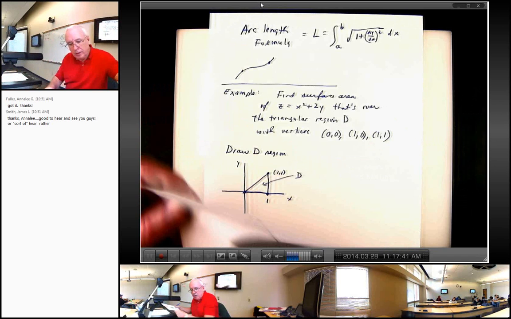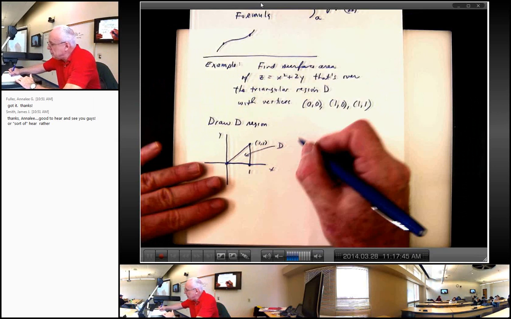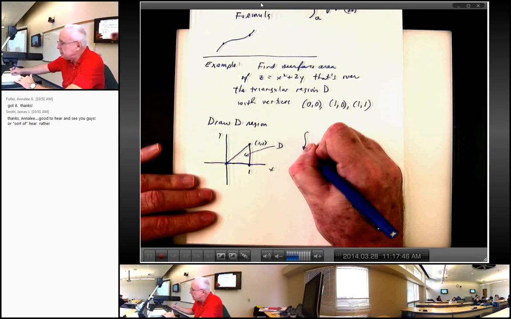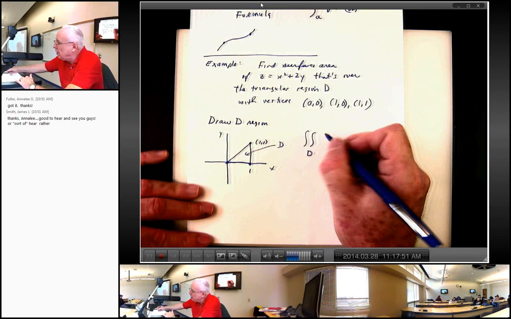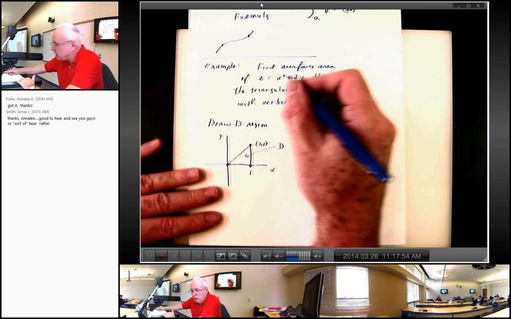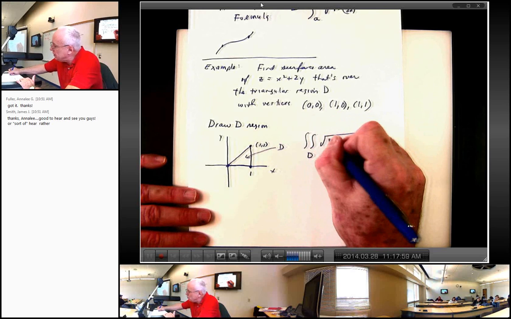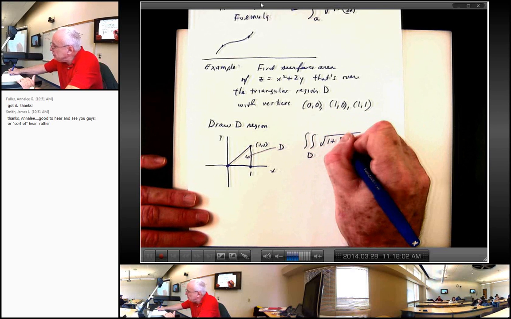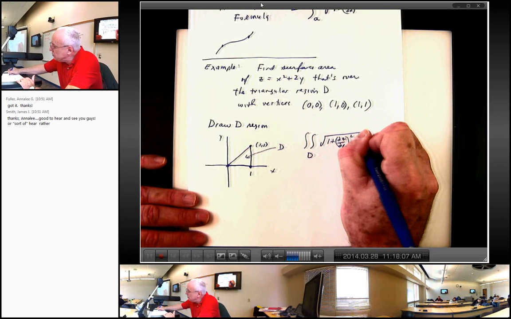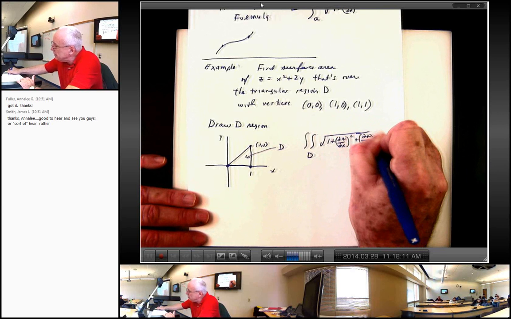All right. So what we have here is we can just write it out like this to begin with. We're going to do a double integral over D of the square root of 1 plus dz/dx squared plus dz/dy squared dA.